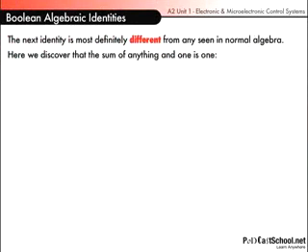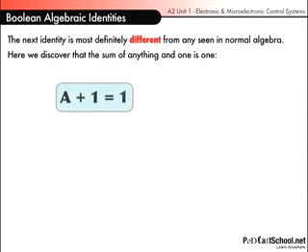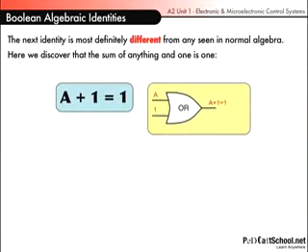The next identity is most definitely different from normal algebra. Okay, I've said that A plus 1 equals 1. Now that won't make sense in the real numbers world, will it? But if we have a look at our OR gate here, and remember ORs map with addition. So A ORed with a 1 gives us a 1, no matter what.